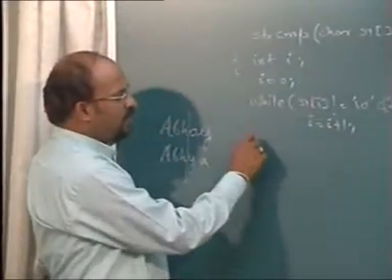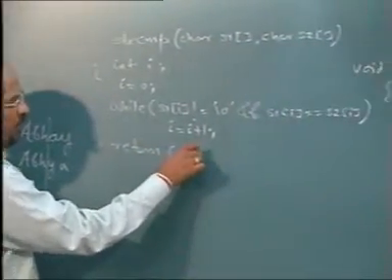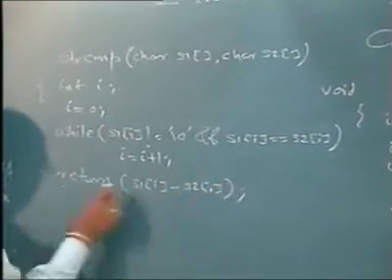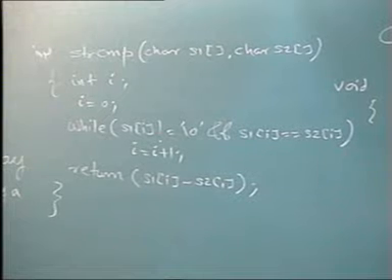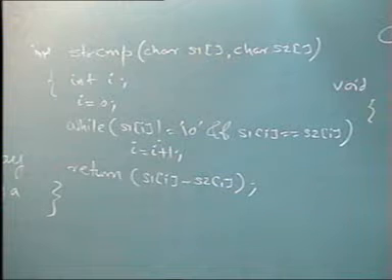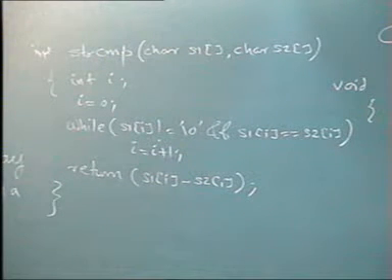After breaking the loop, I am simply saying return S1 of I minus S2 of I. Now what will it return? A minus Y. Will it be positive or negative? We have seen it yesterday. Because Y will have higher ASCII value than A, minus Y will be negative. So it returns negative, that is first string is less than second.